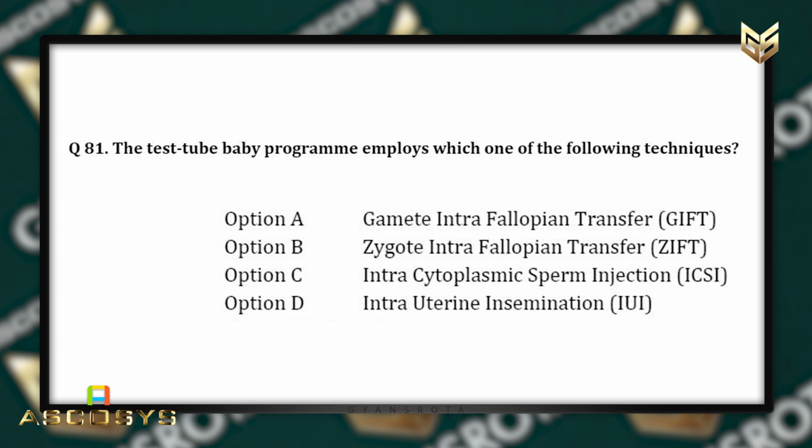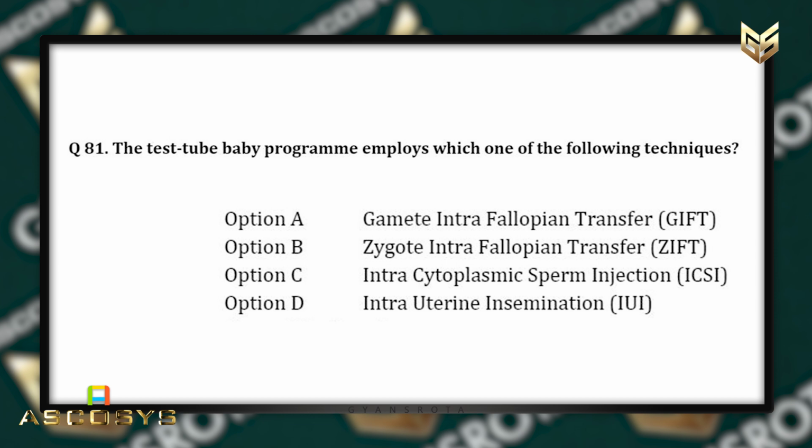The test tube baby program employs which one of the following techniques? Option number A, gamete intrafallopian transfer, that is GIFT. Option number B, zygote intrafallopian transfer, that is ZIFT. Option number C, intracytoplasmic sperm injection, that is ICSI.